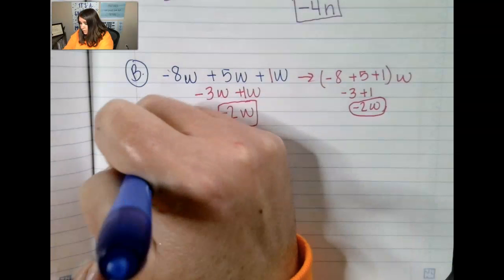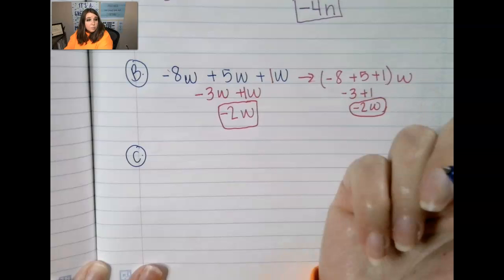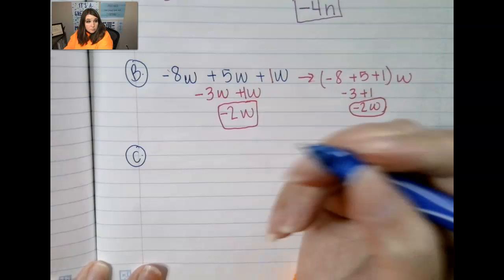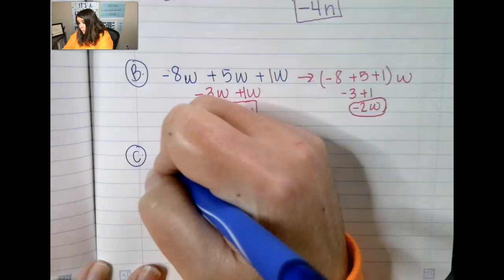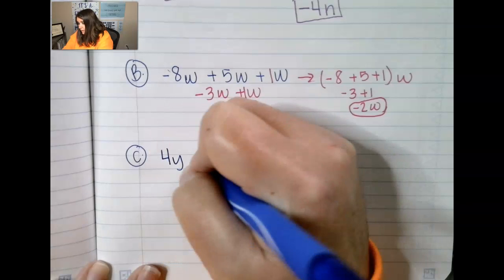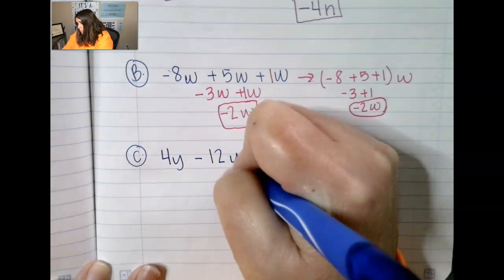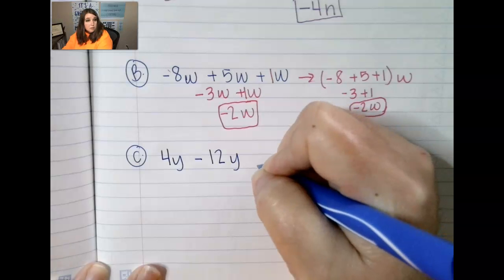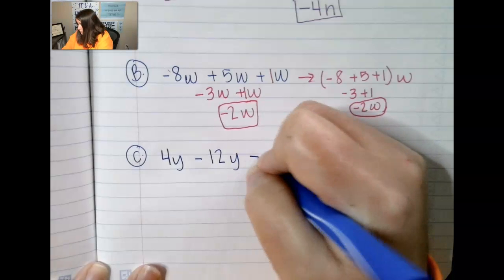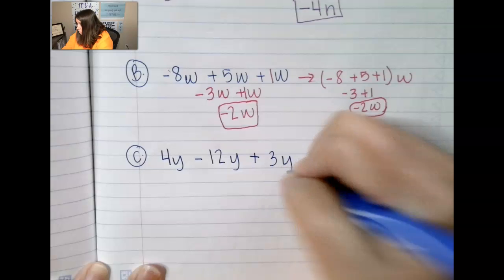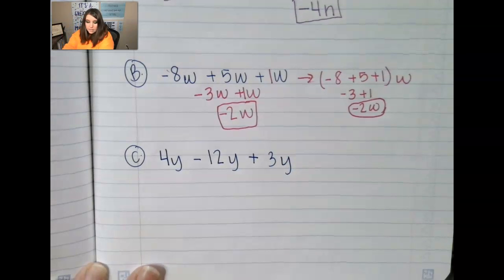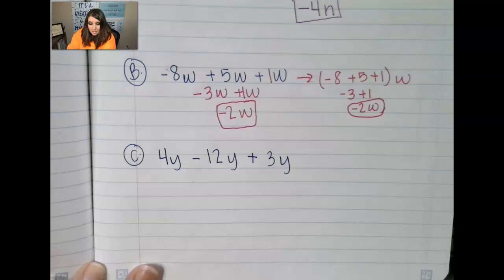Okay, example C. On example C, I am going to do 4y minus 12y plus 3y. All right, so again, we're going to look at these each as terms.